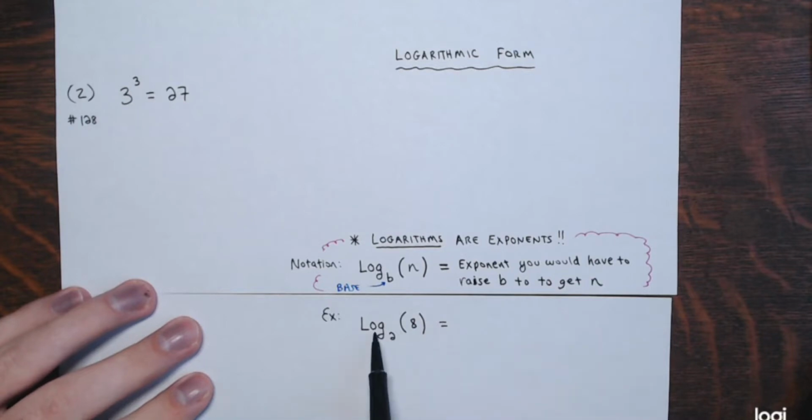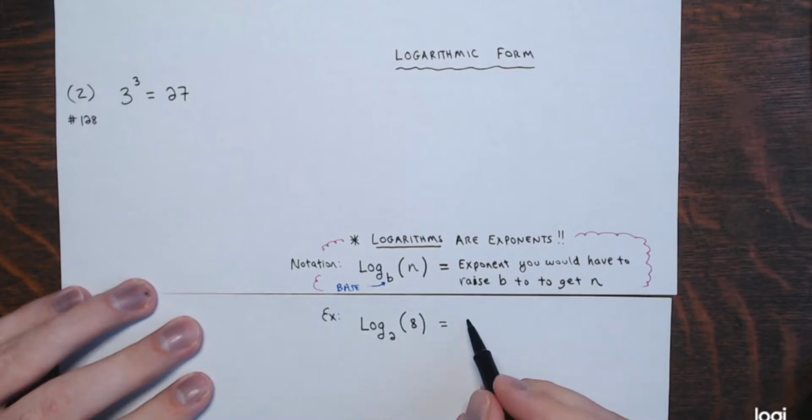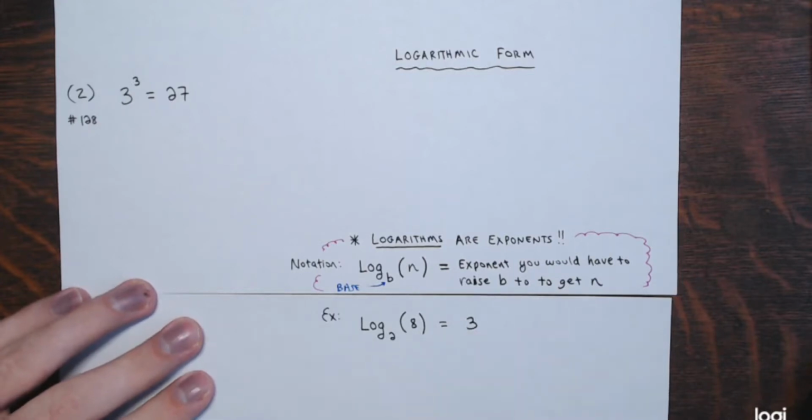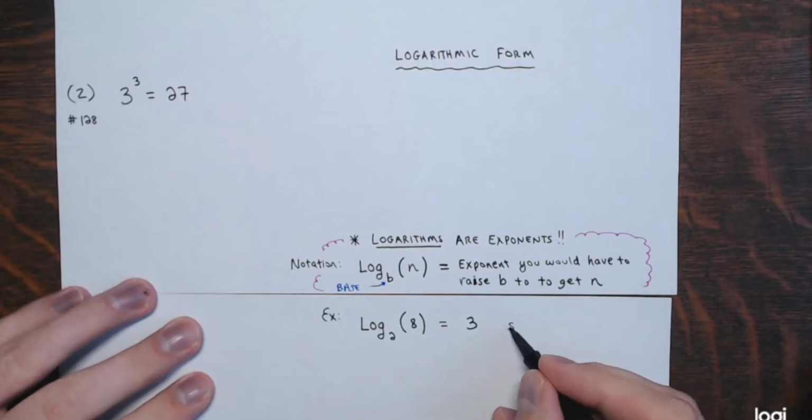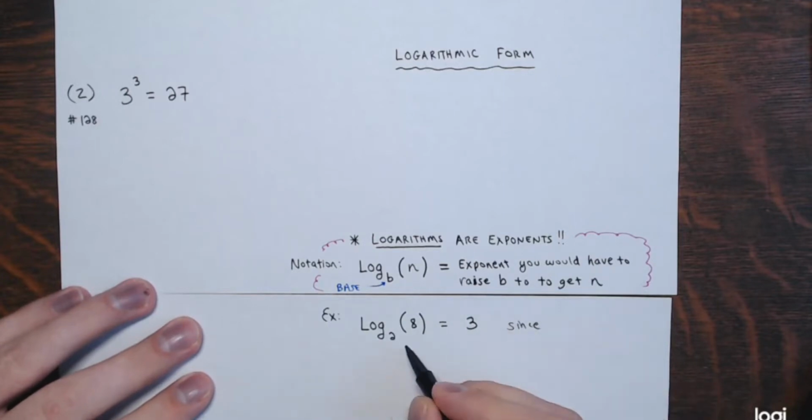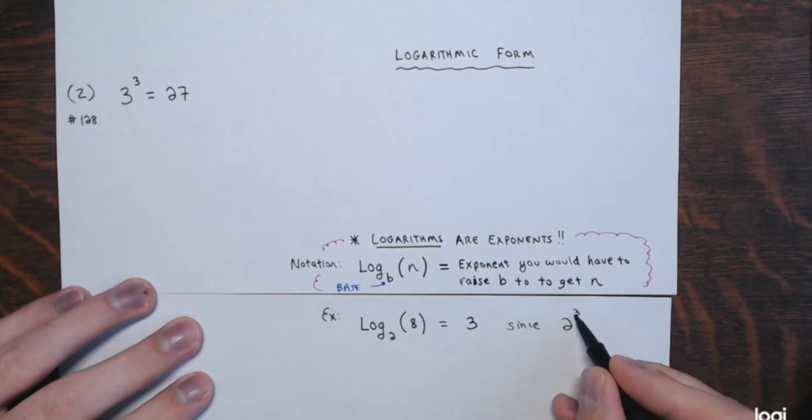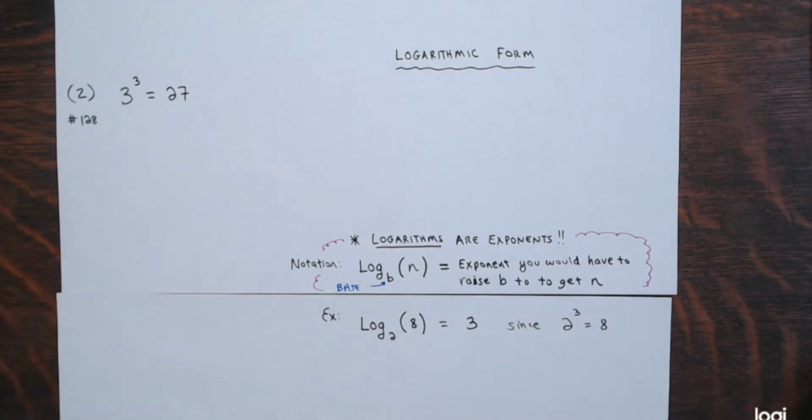When you see this, the logarithm base 2 of 8 equals an exponent. The number over here is the power you would need to raise 2 to get 8, and that's 3. This is since 2 to the 3 power equals 8. And it kind of flows like that.